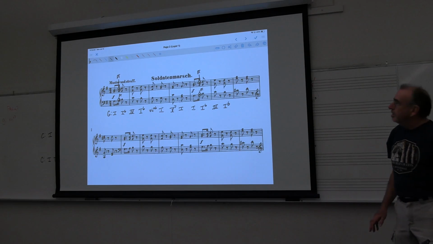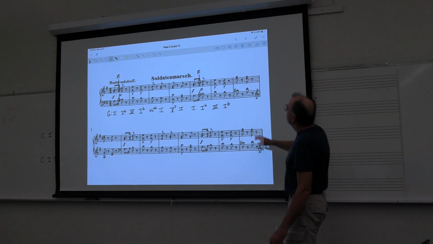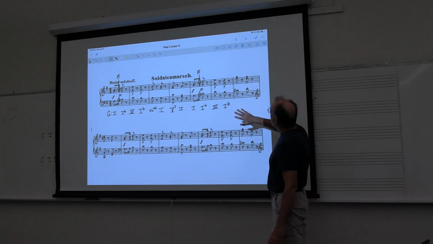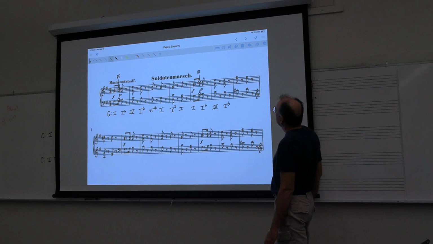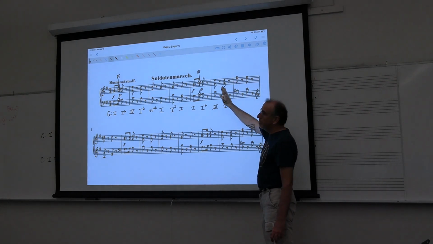But now things get interesting, because we see the C sharp that shows up here, and that's different, right? That's something outside of the key. So we know that once we find the chord that is in the new key, right, then we want to look backwards.